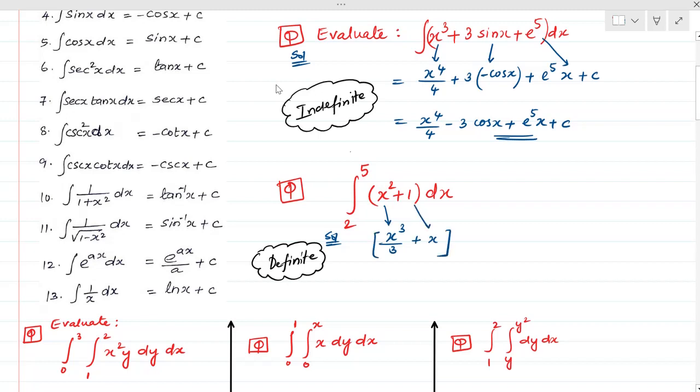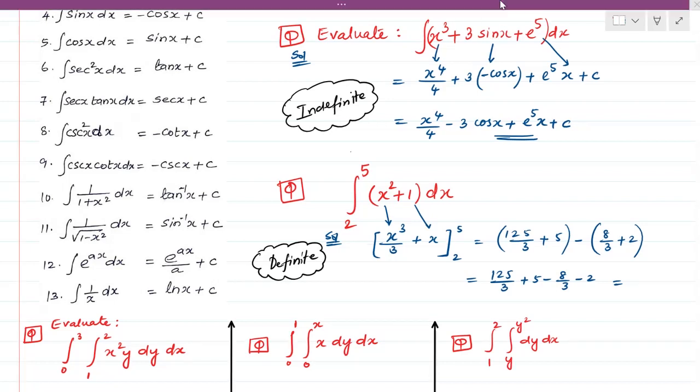The limit is 2 to 5. Now apply the upper limit: it becomes 125 over 3 plus 5. So this is the upper limit. Minus the lower limit, 8 over 3 plus 2. So this is the final answer. Now if you simplify, you have 125 over 3 plus 5 minus 8 over 3 minus 2. So the final answer you can give.